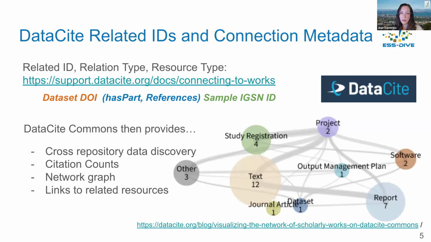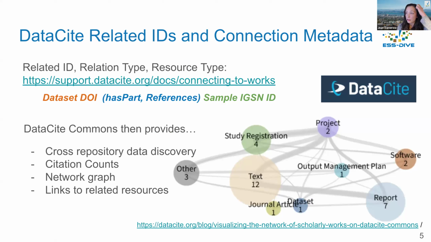This is just an overview of what you already heard from James. Again, what we want to do is use DataCite related IDs and connection metadata, and this is actually really nice, even as it is currently, because once you provide these related identifiers and the relation type, DataCite Commons then can provide cross-repository data discovery and citation counts.